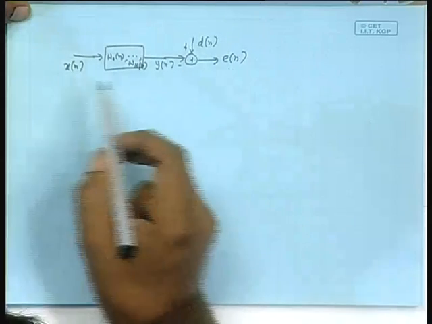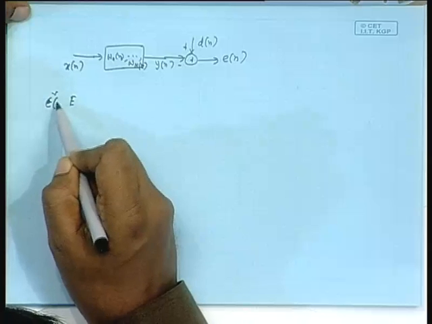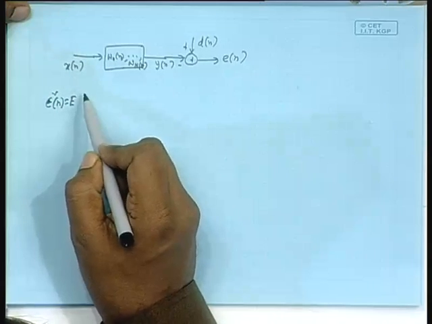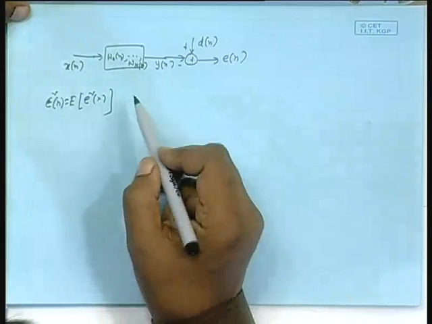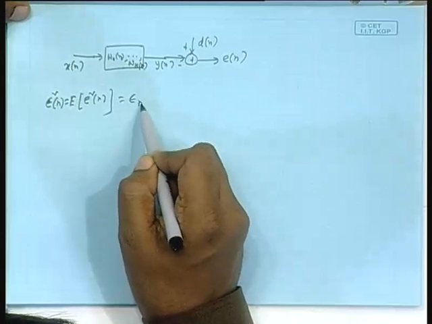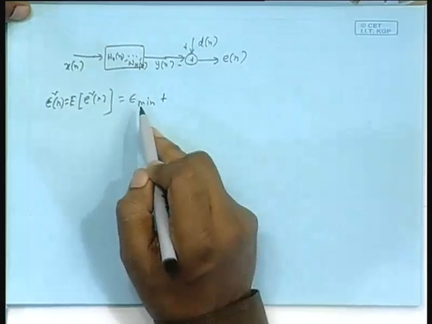Last time we were analyzing this error, epsilon square n is equal to this. And this we found to be the minimum plus an extra component that I am coming to. What is the minimum?